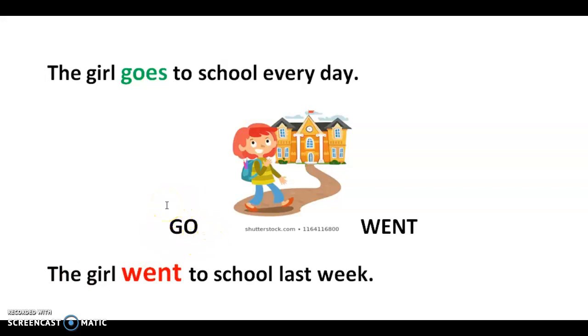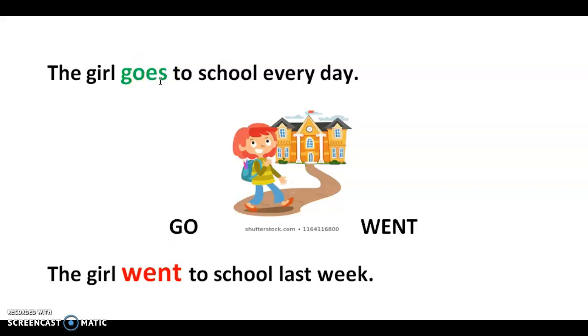Go is in the present. For example, the girl goes to school every day. You see the girl, she goes to school every day. Third person singular. We have to conjugate.